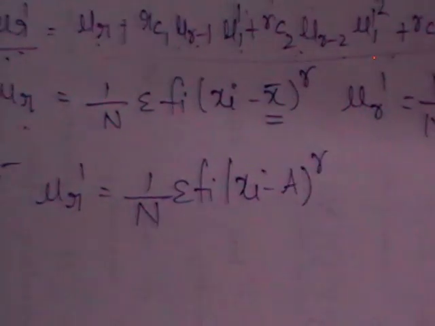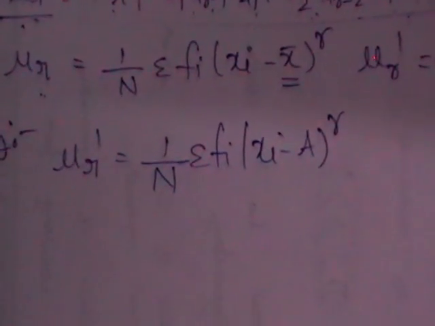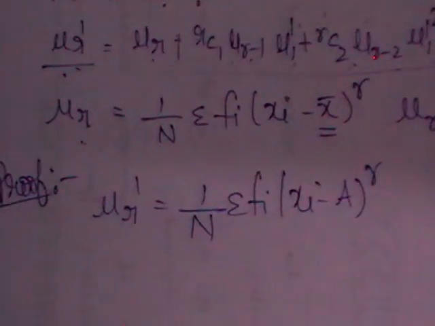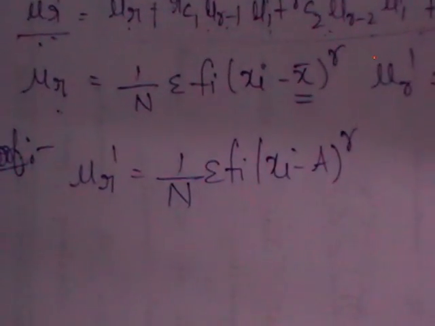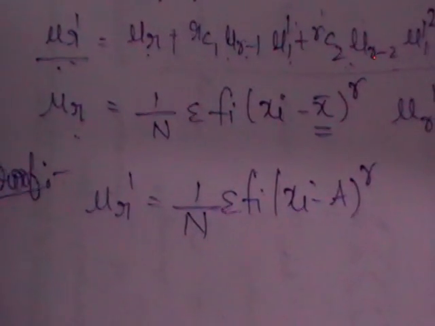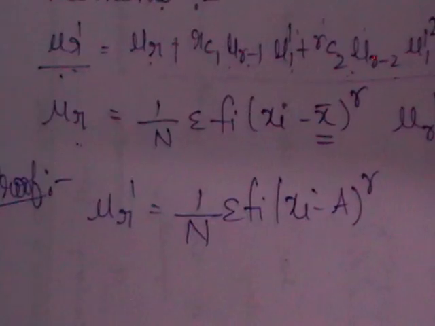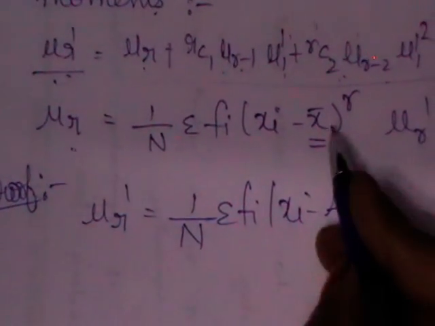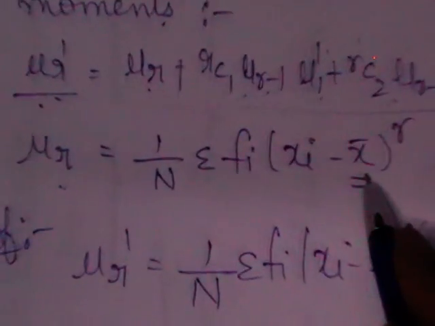So in the previous derivation we started with mu r, 1 by n sigma fi into xi minus x bar whole power r, and we added and subtracted a there. So here you have a, you need to add and subtract x bar. Got it, girls?